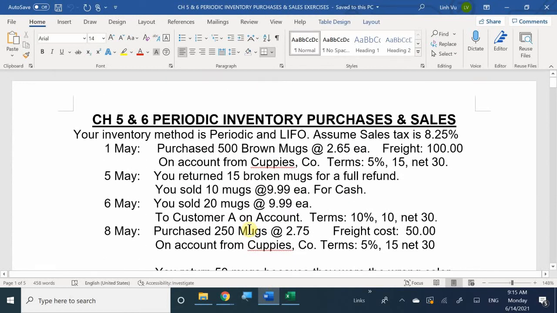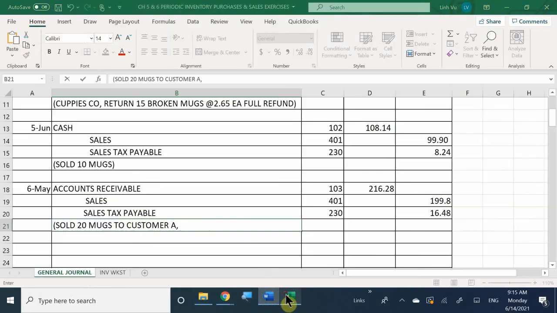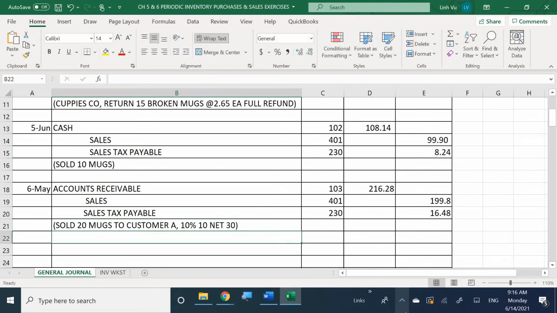They get a 10% discount if paid in the first 10 days. Good. So I'm going to make note of that so I know I will give them a 10% discount if they pay within 10 days. If not, the entire bill should be due in 30 days. Okay? Good.